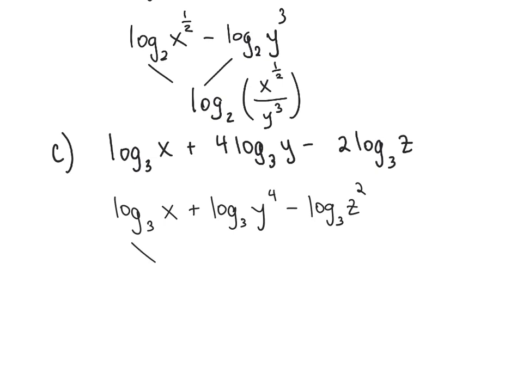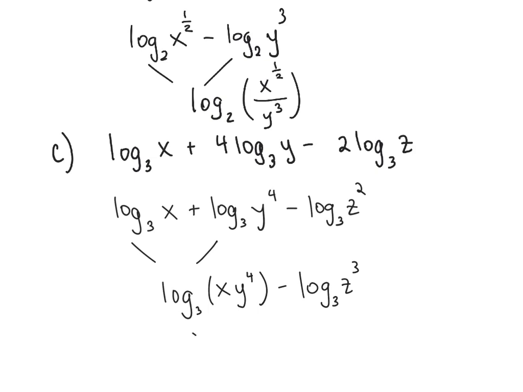So now I'm going to take just these two logarithms here and condense those, and since they're separated by a plus sign, then it's going to be the product property. So log base 3 of the product x times y to the 4th minus log base 3 of z cubed.